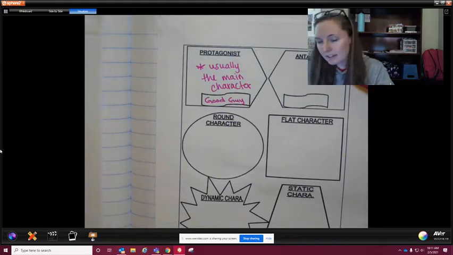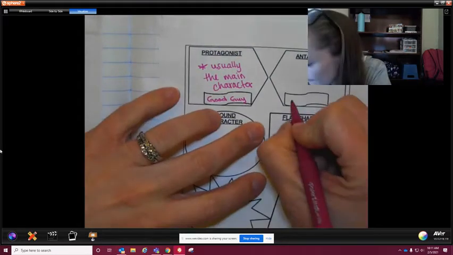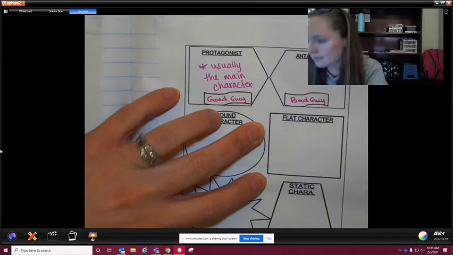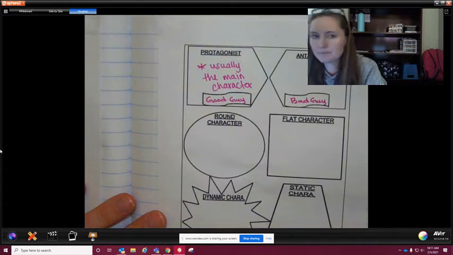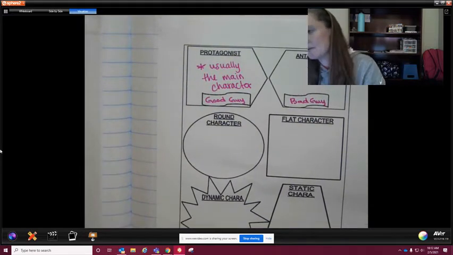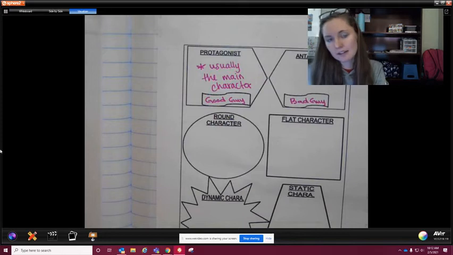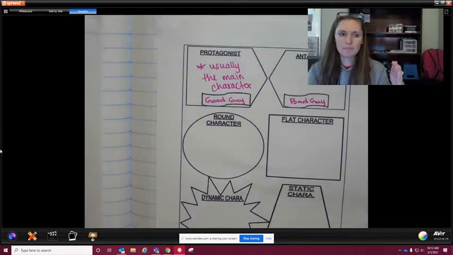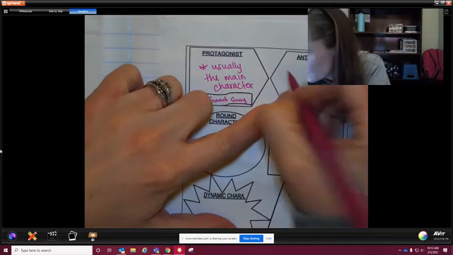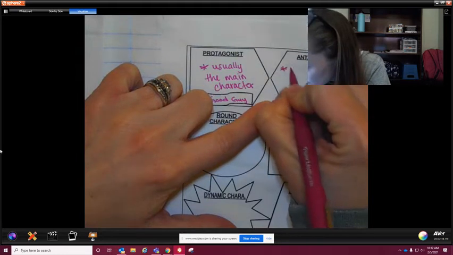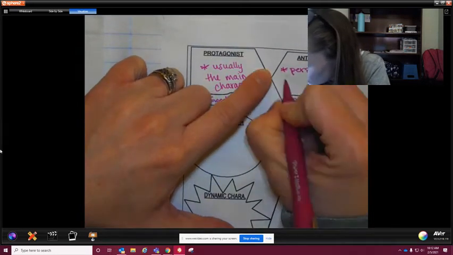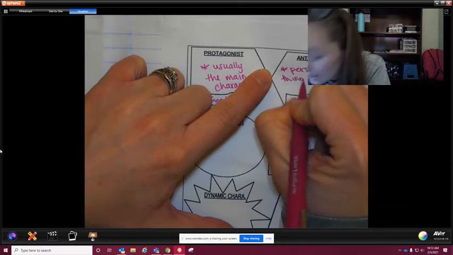All right, antagonist is the opposite. So we have good guy, then we have the bad guy. Okay? So bad guy. And this character is usually a person or a thing that is against the protagonist. So this would be like man versus man, that kind of conflict. Okay? So this is person, or I really don't like writing in pen, but I think you can see it better.